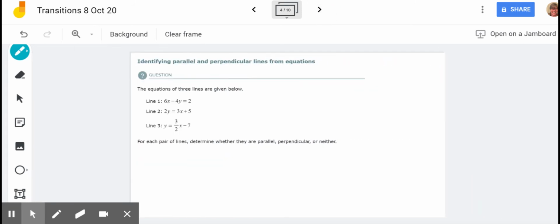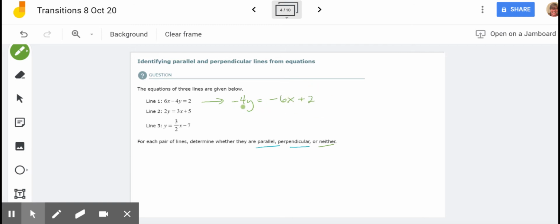Take a look. Okay, the equations of 3 lines are given below. So they want to know whether or not they're parallel, perpendicular, or neither. I'm tired of blue. Okay, so look at line 1. We need to find the slope. I'm going to go ahead and change that to y equals mx plus b.